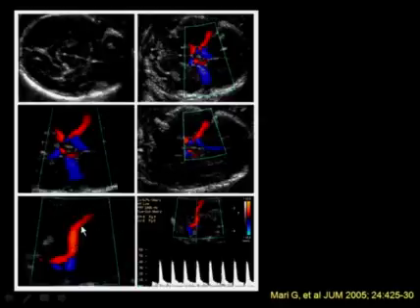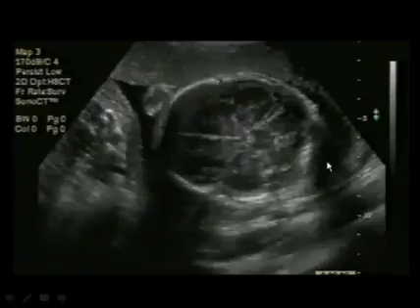As you can see, these steps are clearly defined, but the most important concept is that the middle cerebral artery should be imaged for its entire length, as reported here, and the waveforms should be all similar to each other.